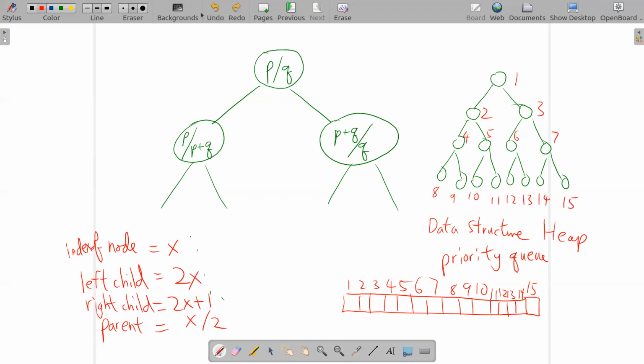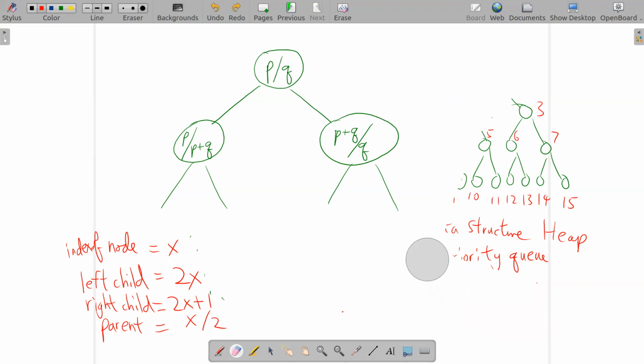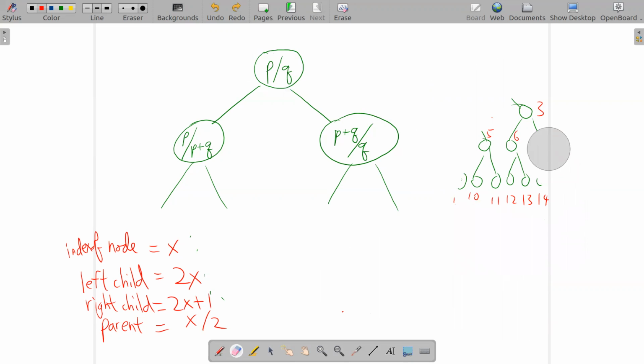Does that make sense? Yep. Okay, now what is the second ingredient? The second ingredient is, let me just erase this bunch. I'll keep the left child, right child formulas on the left.